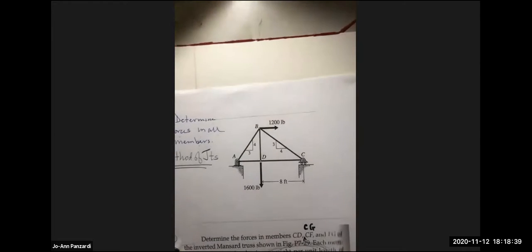No. So there's no zero force members. Okay, what's the second step? What's the second step of the method of sections? It's the same. Step 1 and step 2 are the same for both.